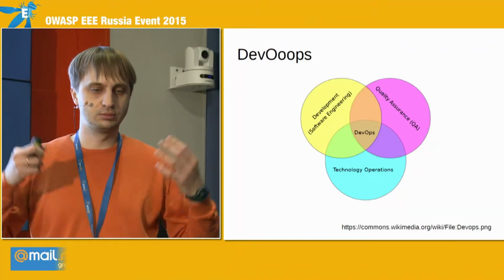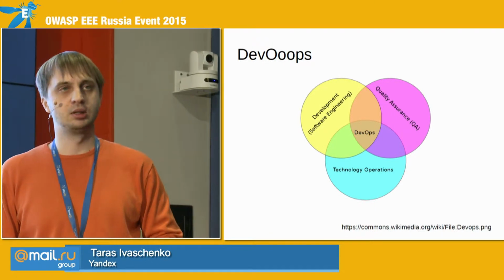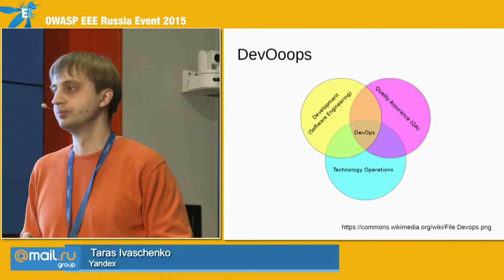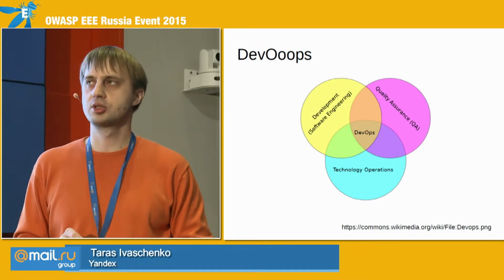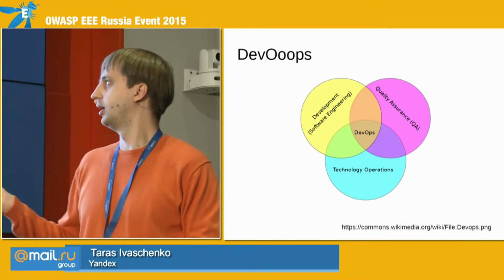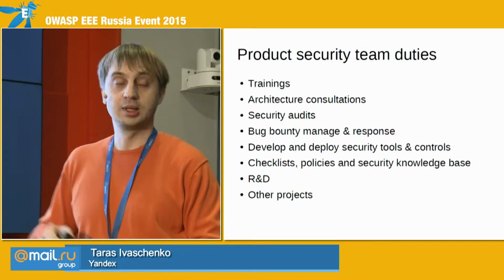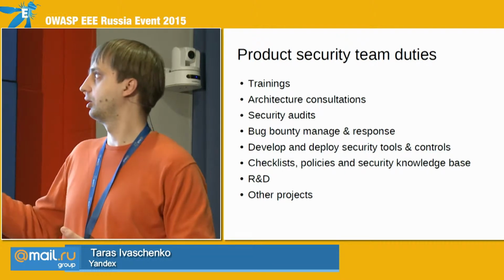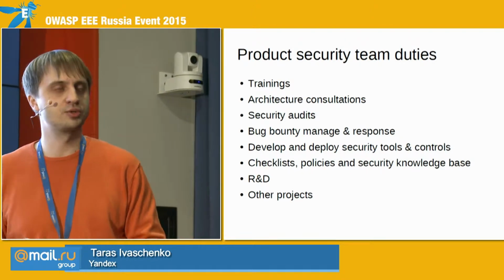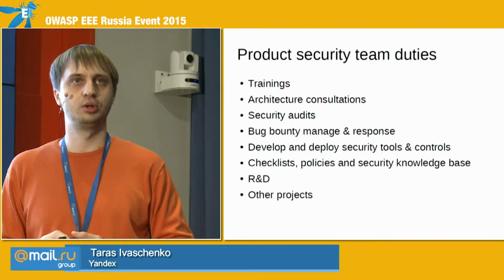So what do we have? On the development side, the developers, quality assurance and other guys speed up, and we need to, how to say in English, the Russian word uspevat, we try to run with them. But at the same time, we have a lot of duties. Here is a list of our usual duties, what the product security team at Yandex has to do.